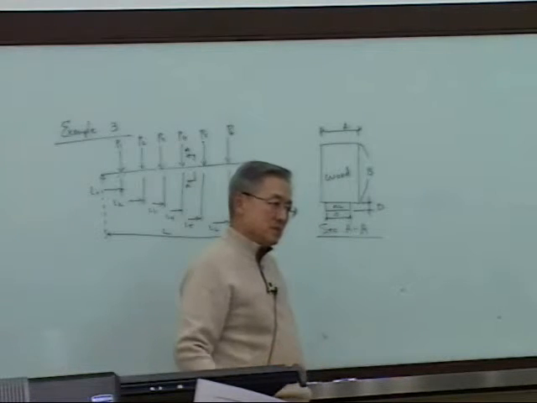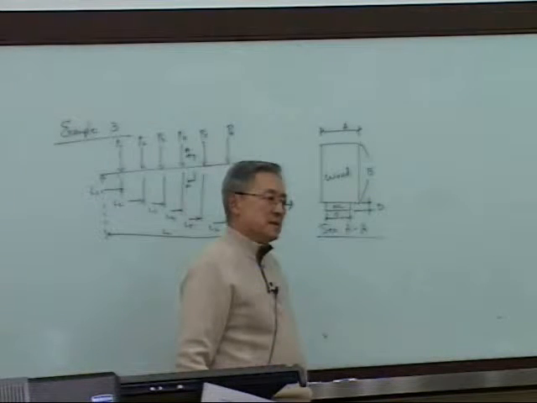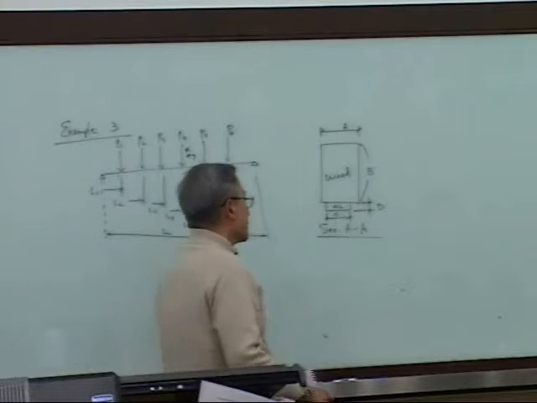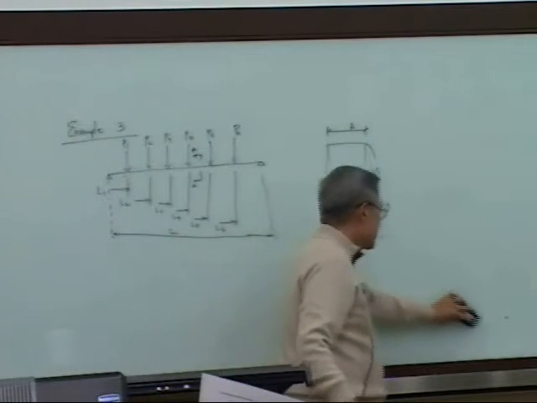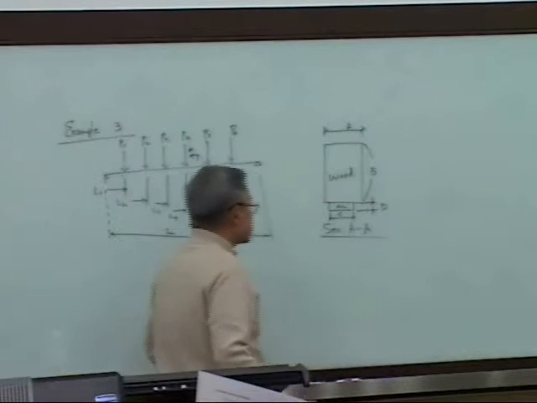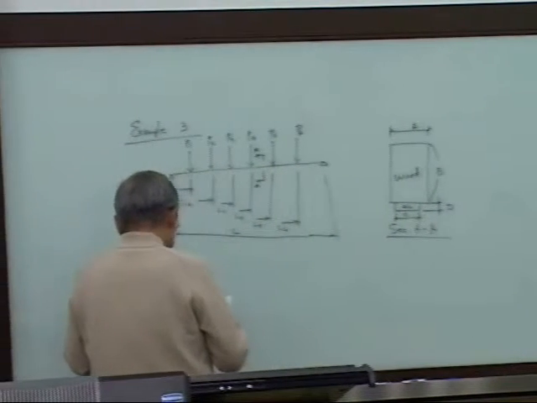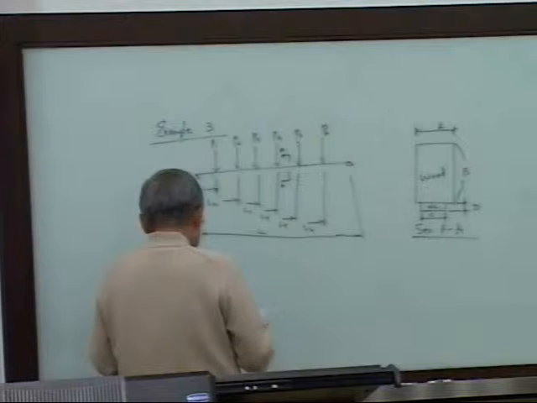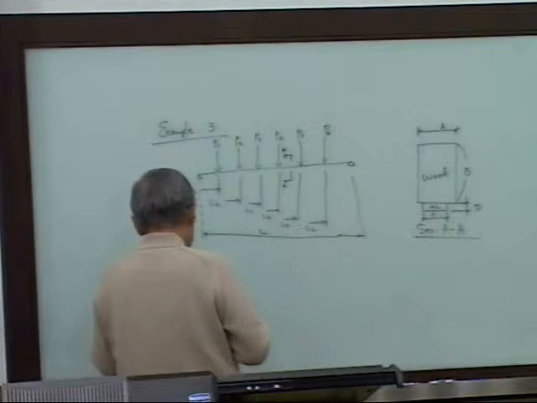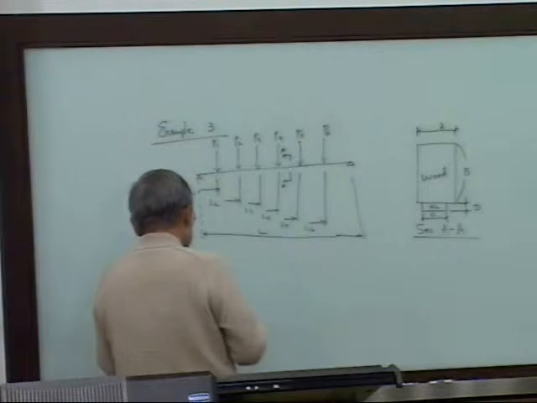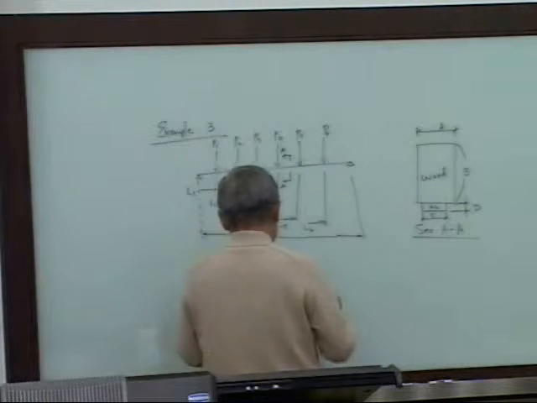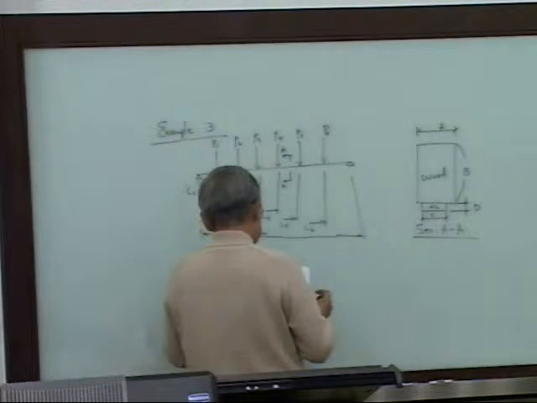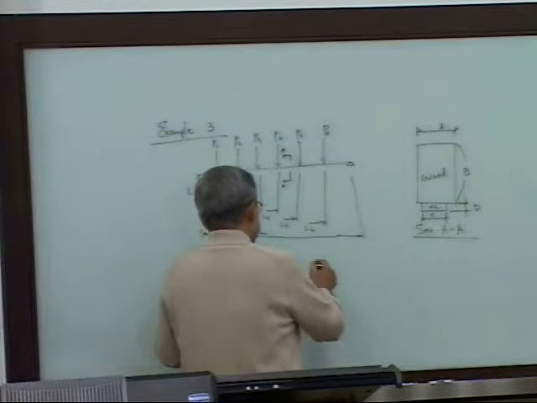But loading usually is random because uncertainty is there. And the other random variables are Young's modulus.